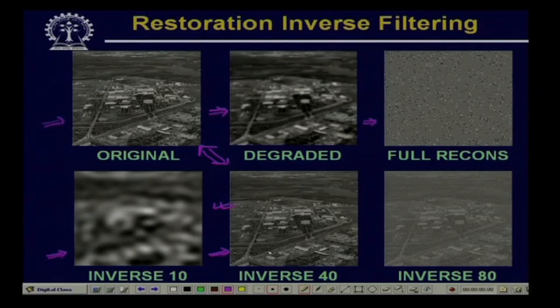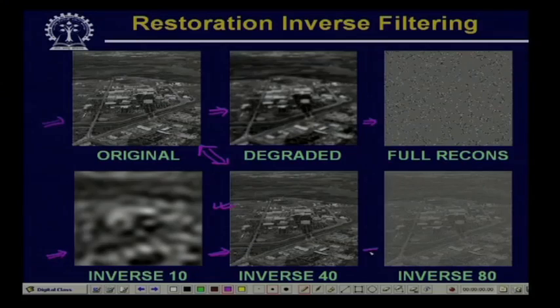Now, if I increase the value of the distance, if I go to 80, that means many of the high frequency components are also incorporated during restoration. You find that the rightmost image on the bottom row, where the distance was equal to 80, is also a reconstructed image, but it appears that the image is behind a curtain of noise.